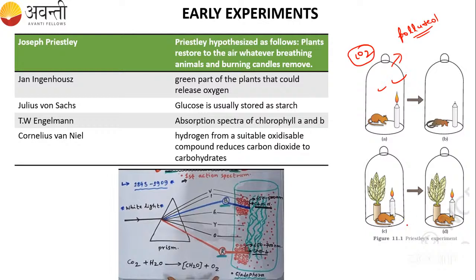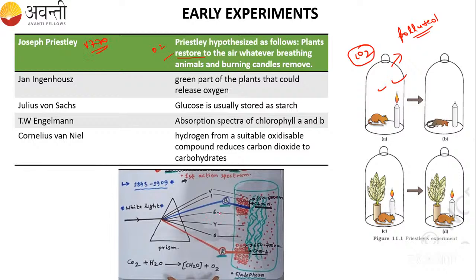What he concluded here is that whatever gases were released by the mouse and the candle were recycled, taken up by the plant, and it was releasing fresh air. So Priestley said the mint plant restored the air, that is nothing but oxygen, right? Joseph Priestley is the scientist who discovered oxygen also. Remember the year 1770.